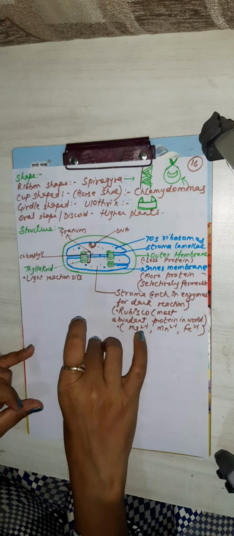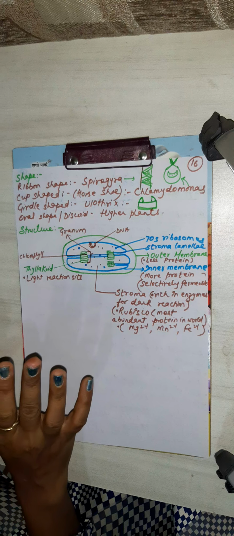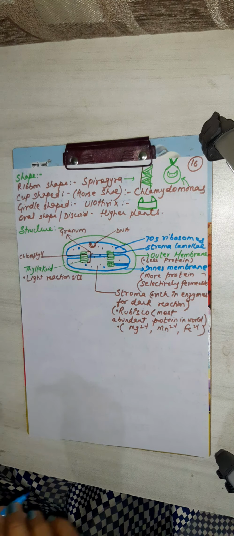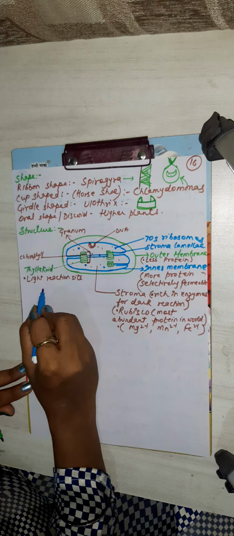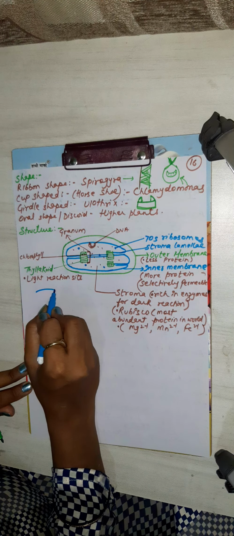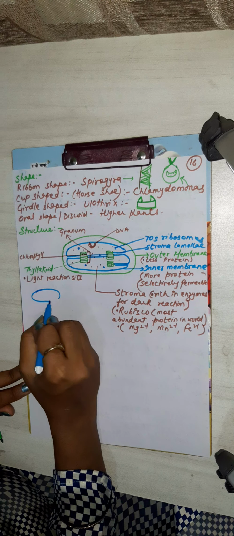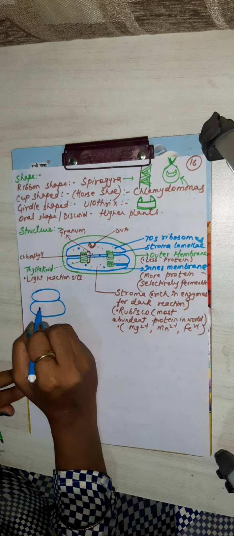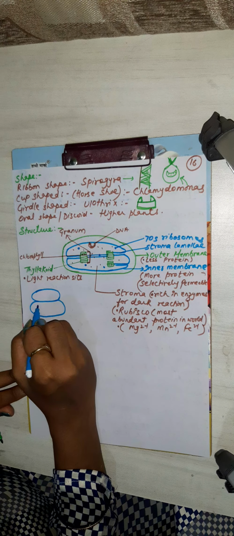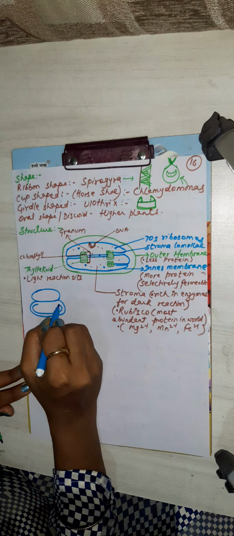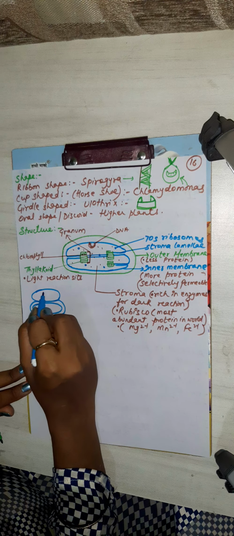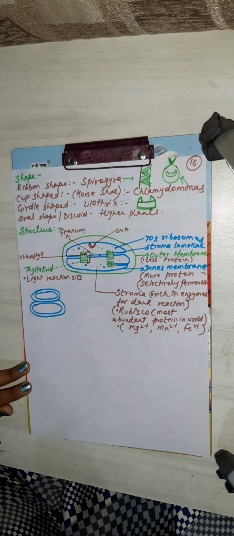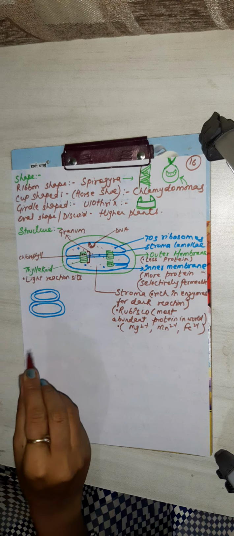हम लोग एक thylakoid लेंगे and we will study in detail. Magnified form we are taking of thylakoid. So the structure of thylakoid will be like this. So this is thylakoid.